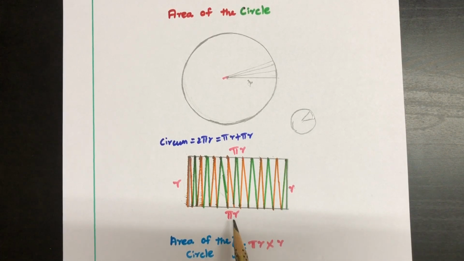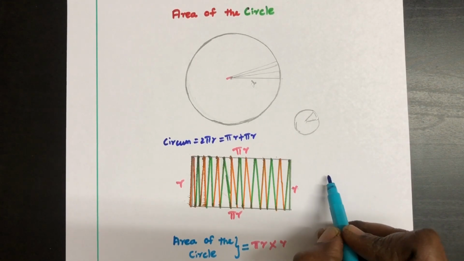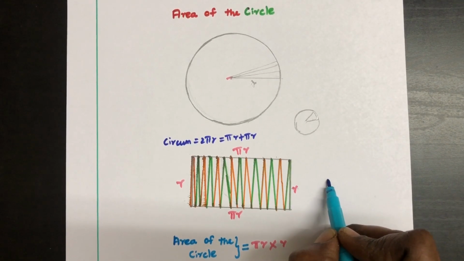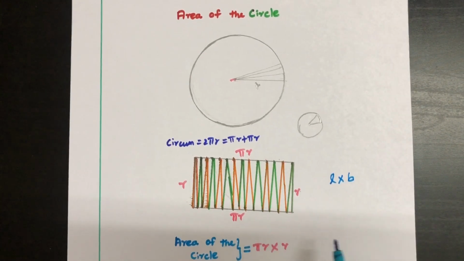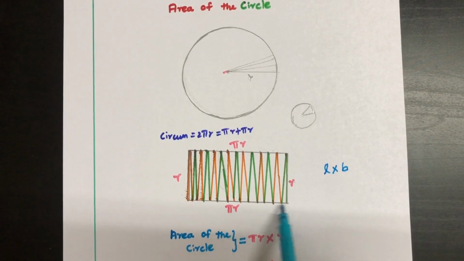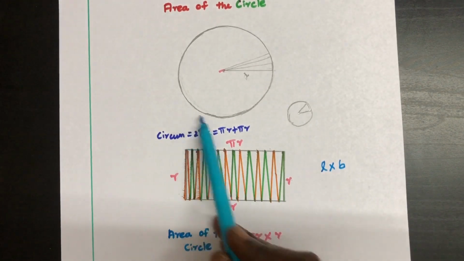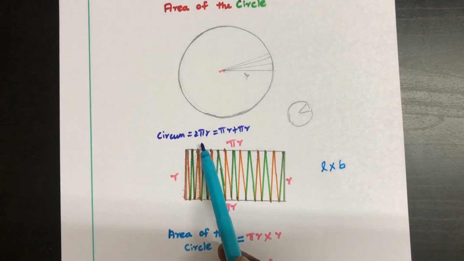We have a rectangle here, correct? What is the formula of rectangle? Area of rectangle is L into B. Now, our L is nothing but pi r, right? See, circumference of the circle is 2 pi r, correct?